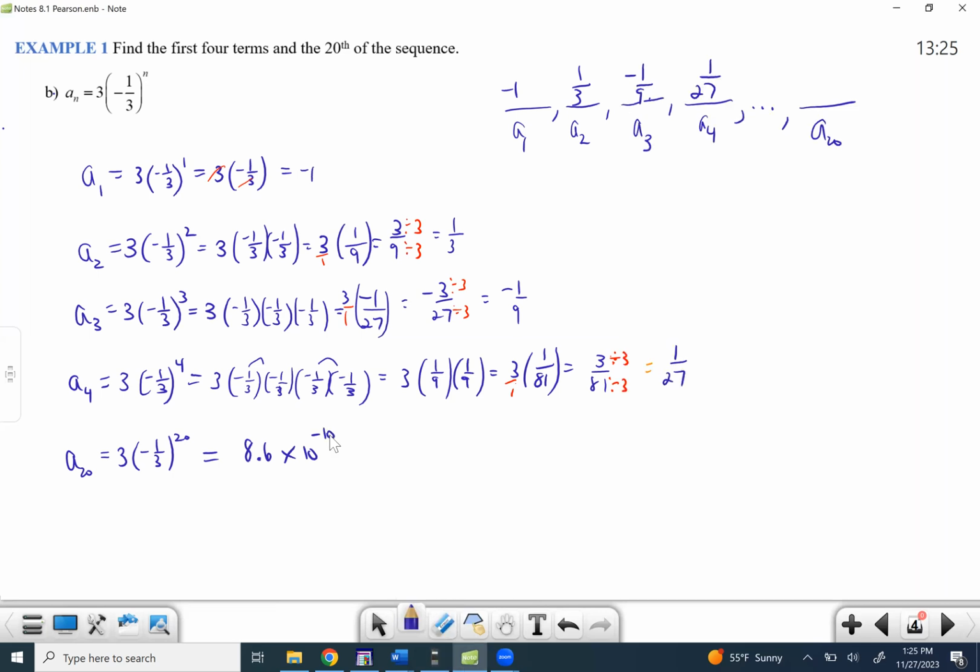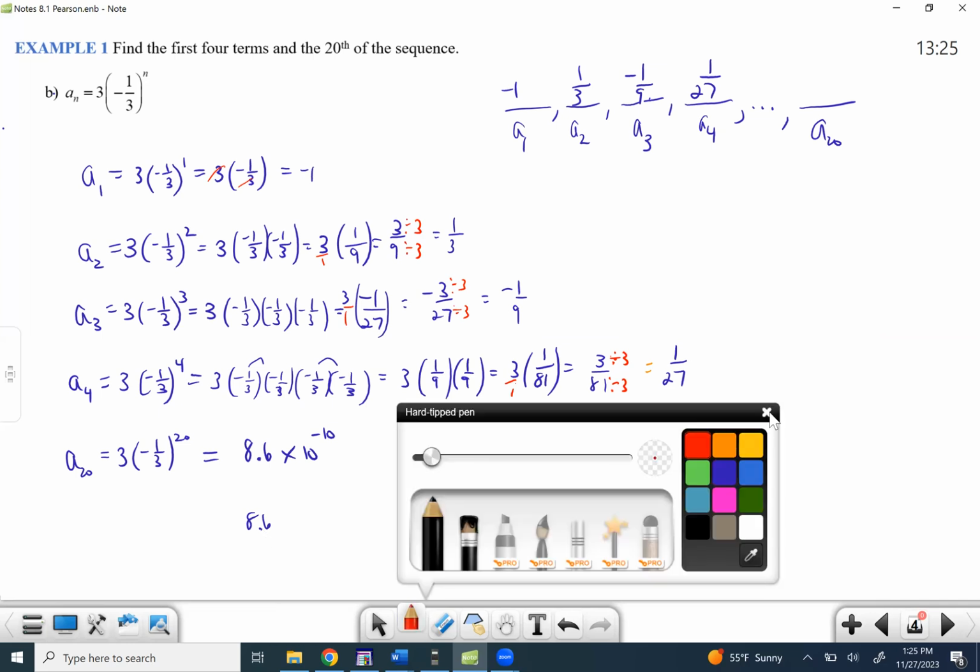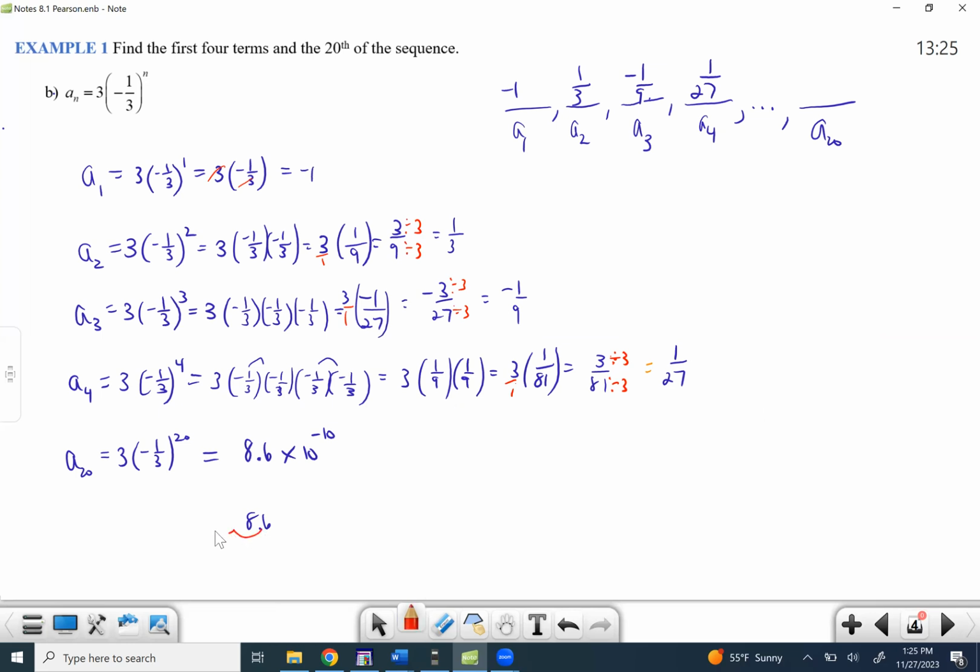And so if you're curious what that means, I mean, this is good enough, but it means that you would take your 8.6 and you would move the decimal place 10 times to the left. So 1, 2, 3, 4, 5, 6, 7, 8, 9, 10. So basically it's going to put 9 zeros, 1, 2, 3, 4, 5, 6, 7, 8, 9 zeros in front of it.